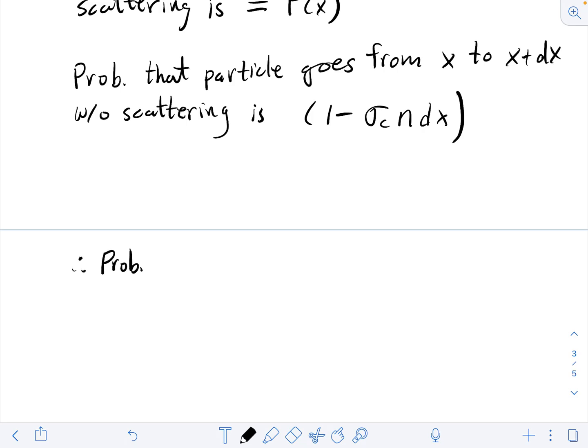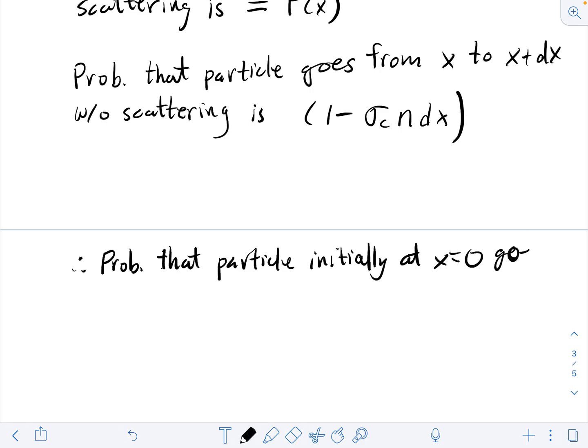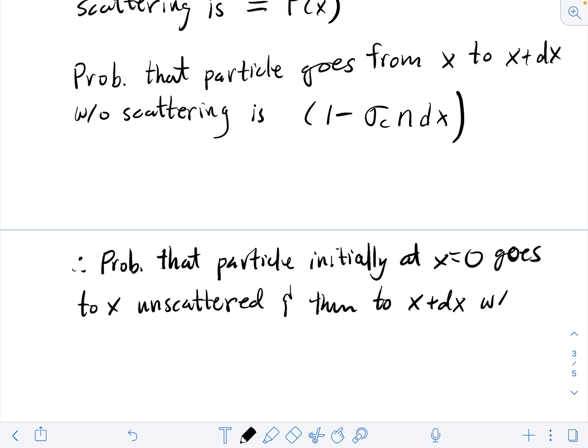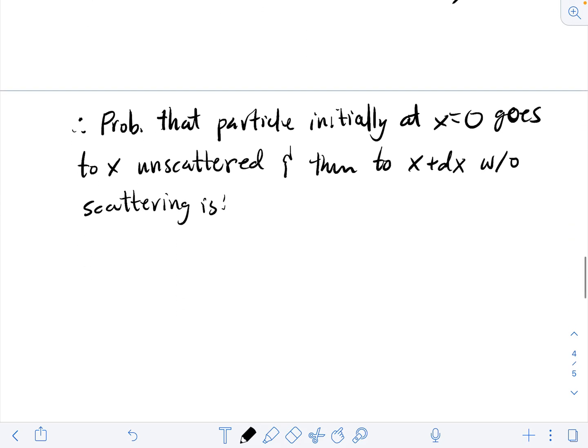So the probability that a particle initially at x equals 0 goes first to x unscattered, and then to x plus dx without scattering, is the product of the two.